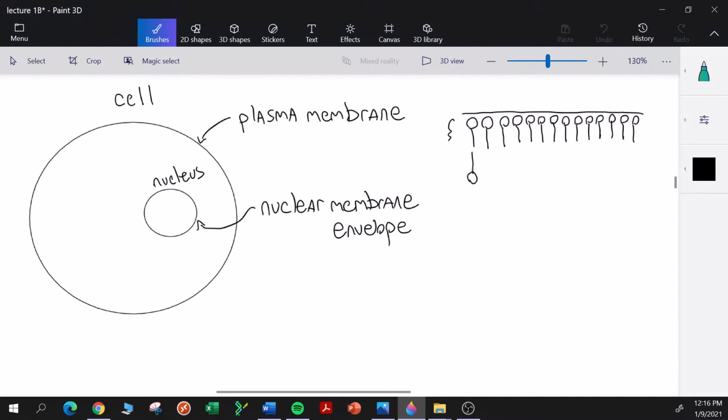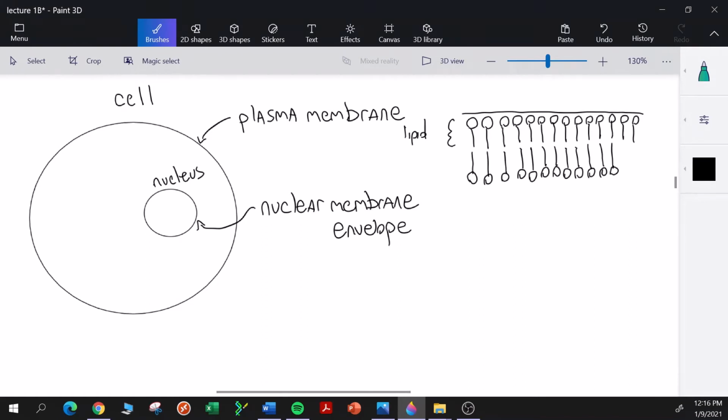This is a layer of lipids right here, these lipids that form the plasma membrane. And there's another layer down here. These little circles are the hydrophilic end of these lipids, and the hydrophobic ends are the lines.